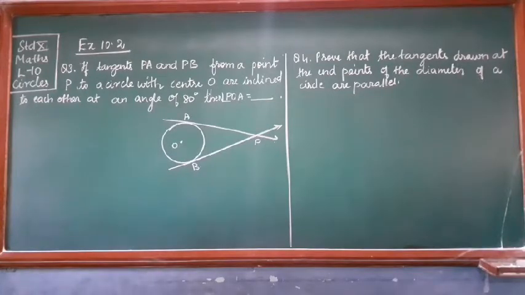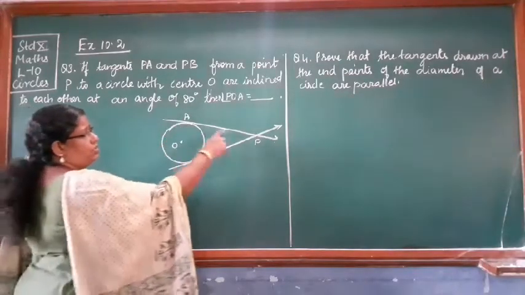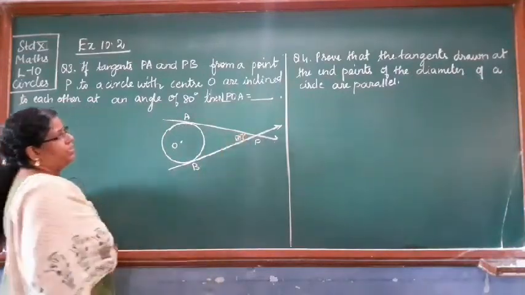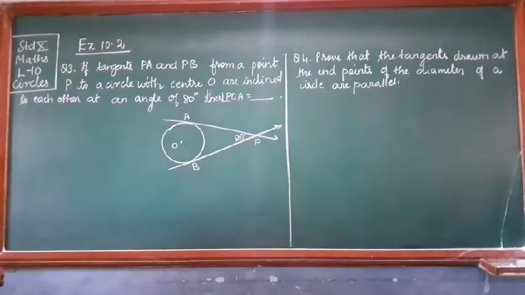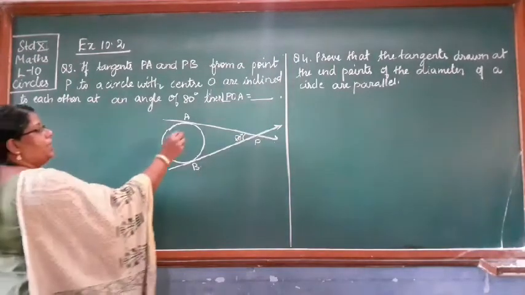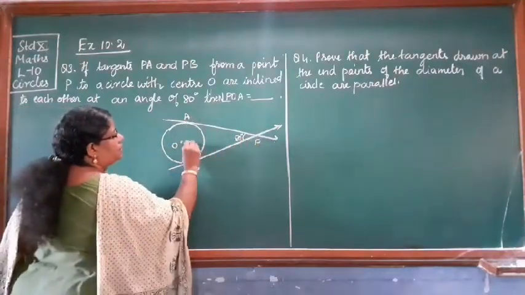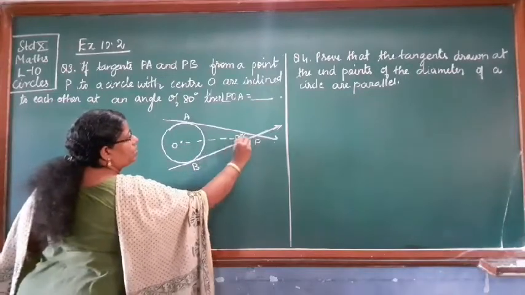Now it is said that the tangents are inclined at an angle of 80 degrees at the point P. ये हमको दिया हुआ है और पूछा क्या है? What have they asked you to find? POA, मतलब ये जो लाइन, just put it as dotted line.